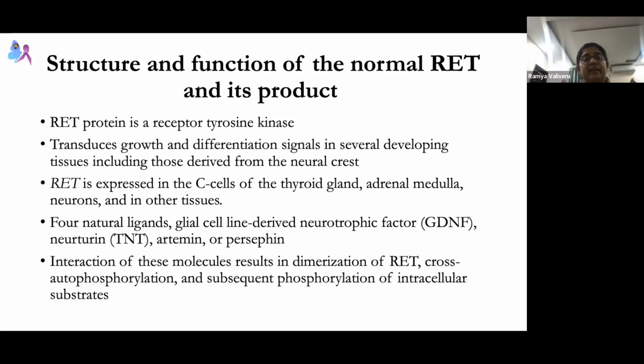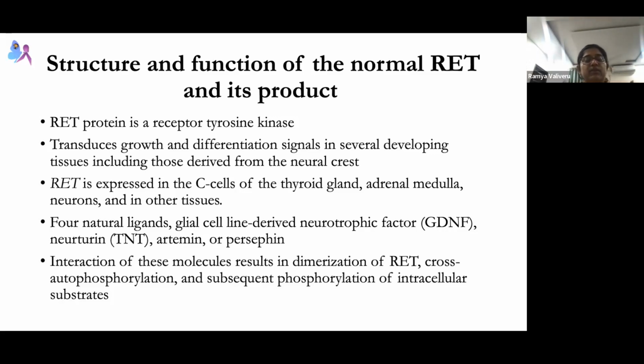It's a receptor attached to tyrosine kinase enzyme, and it transduces growth and differentiation signals in several developing tissues, including those derived from neural crest. It is expressed in C cells of thyroid gland, adrenal medulla, neurons, and other tissues. It has 4 natural ligands: glial cell derived neurotrophic factor, neurturin, artemin, and persephin.